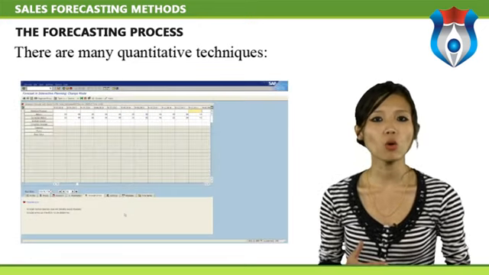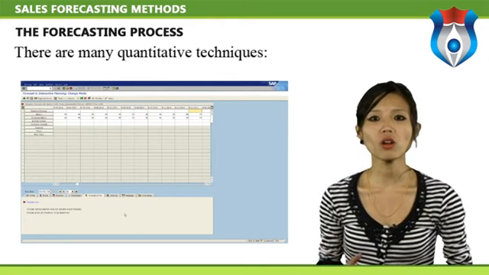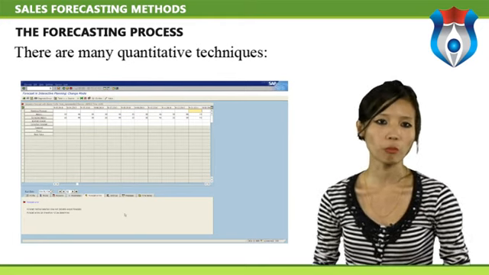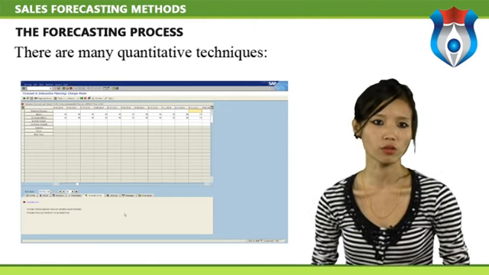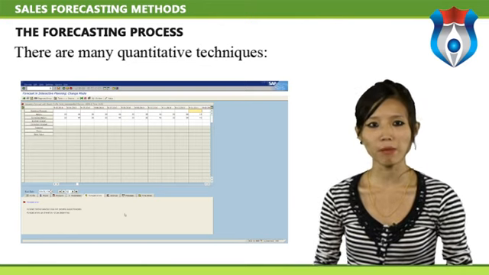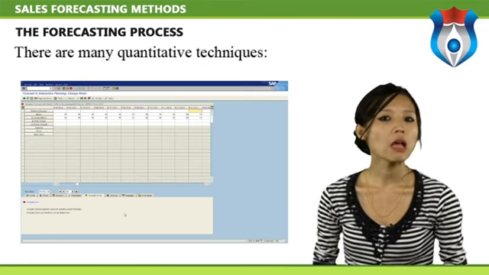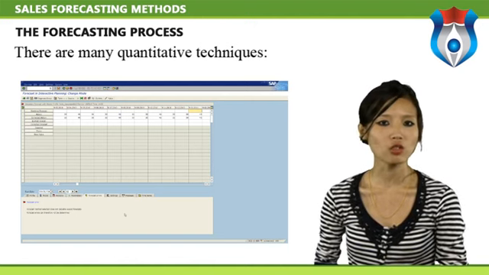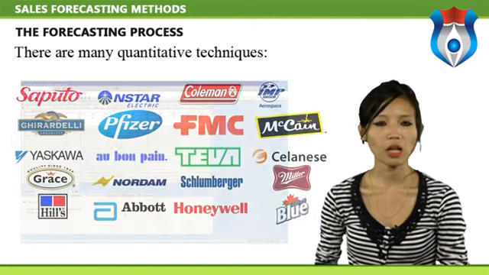Box-Jenkins uses the auto-correlative structure of sales data to develop an auto-regressive moving average forecast from past sales and forecast errors. Trendline analysis fits a line to sales data by minimizing the squared error between the line and actual past sales values. The line is then projected into the future as the forecast.